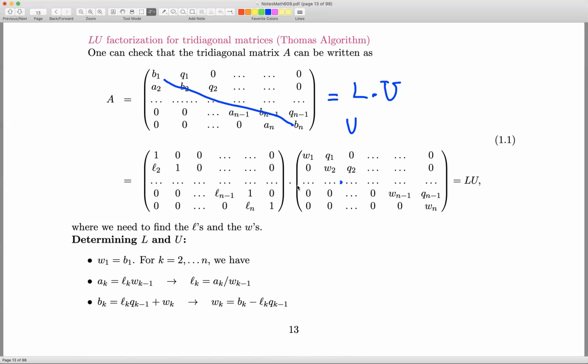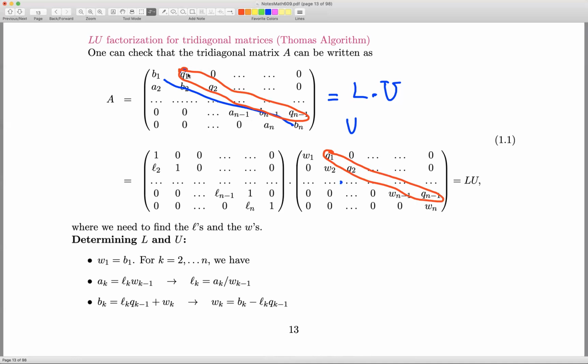Now, another thing that needs to be observed is that above the main diagonal we have the Q's. So here are the Q's above the main diagonal. And because we have all ones here, if we do the multiplication, one can find out that above the main diagonal in the matrix U, we also have to have the same Q's. Why is that?